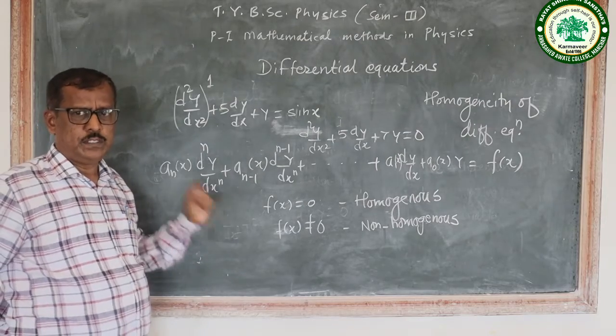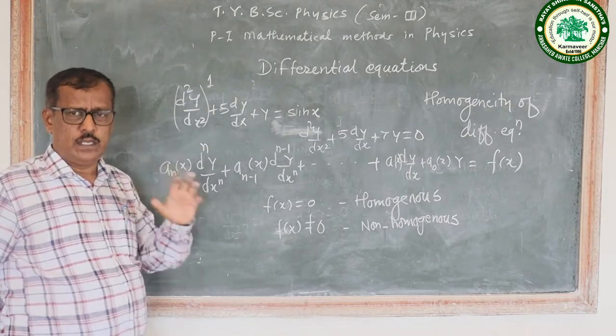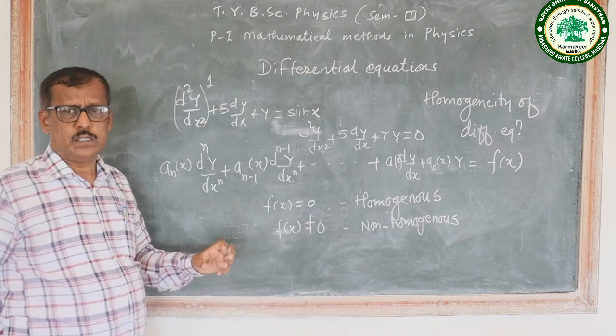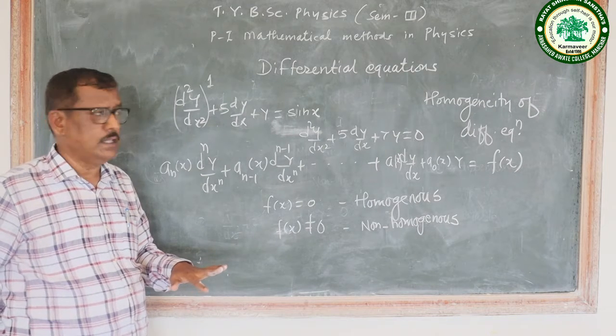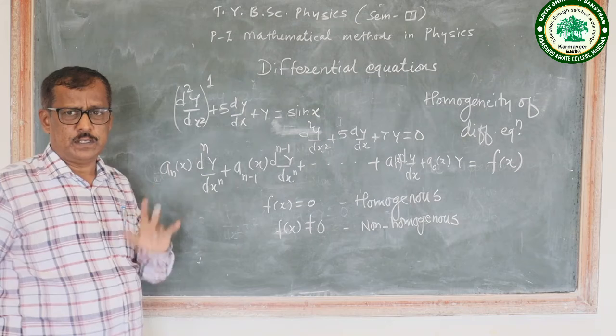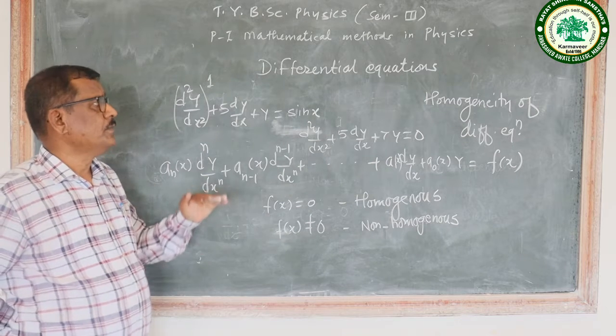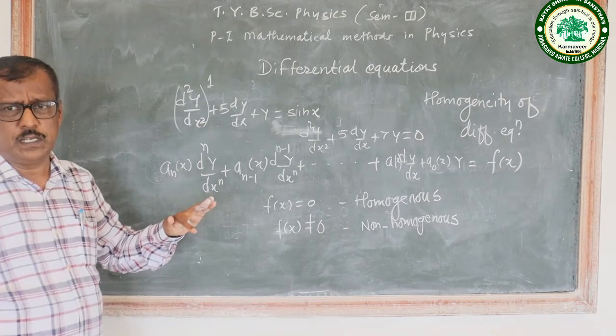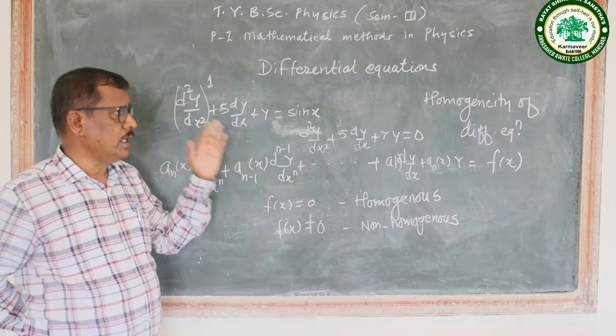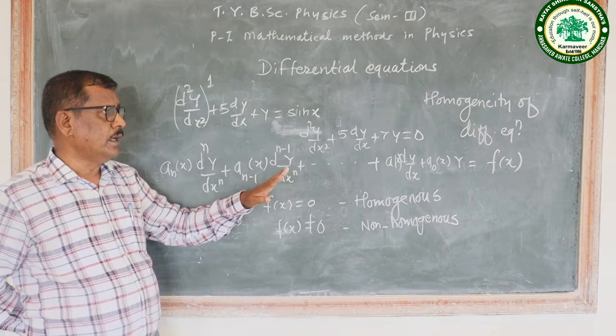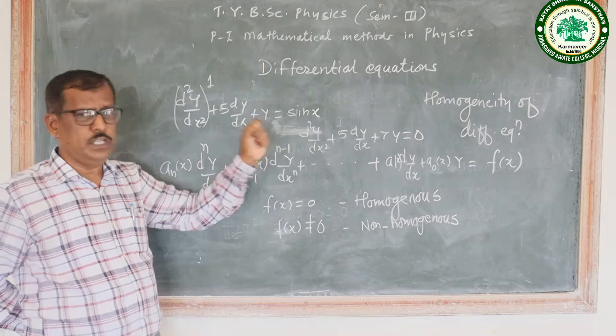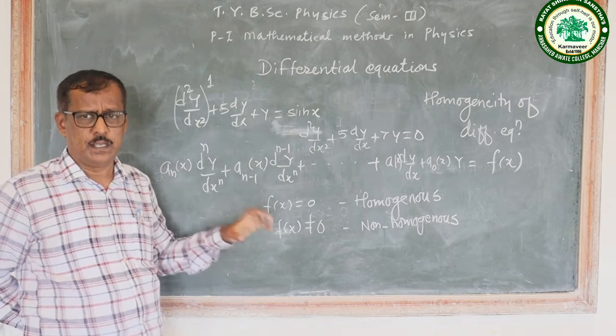Today we see what an ordinary differential equation is, what a partial differential equation is, what the degree of a differential equation is, what the order is, then the linearity of a differential equation, and next the homogeneity of a differential equation.